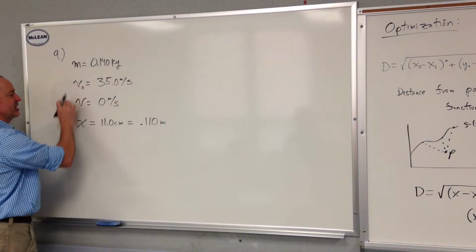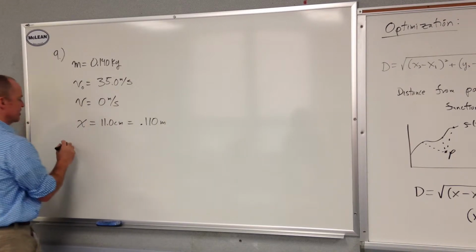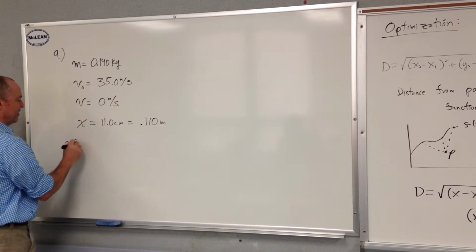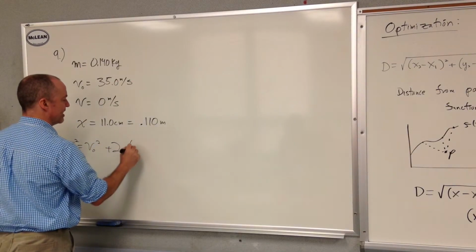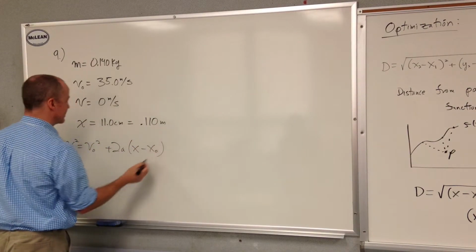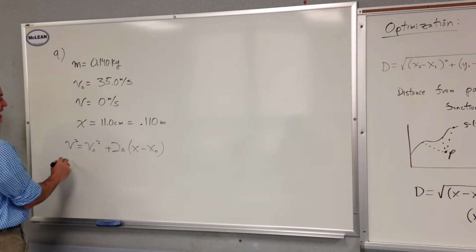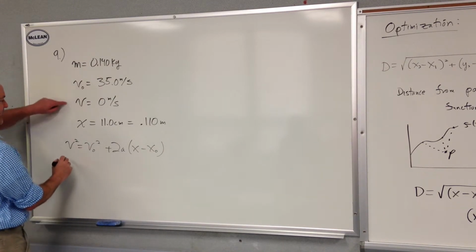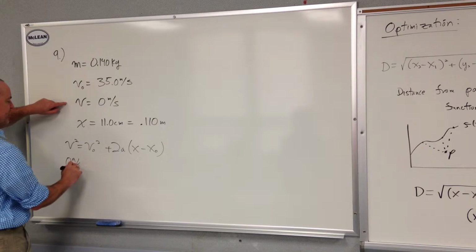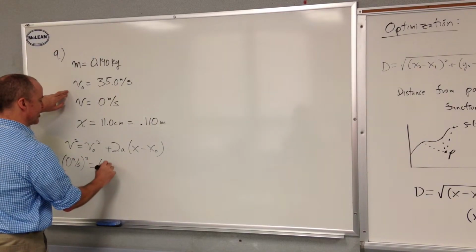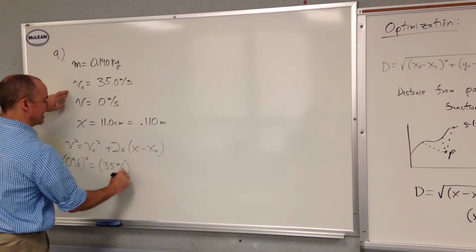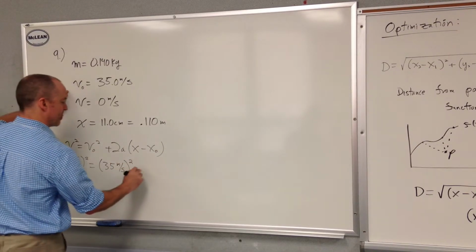Well, I was given velocity and a distance, so I need to go back to v squared equals v initial squared plus 2a times x minus x initial. My final velocity is 0 meters per second. My initial velocity is 35 meters per second, whole thing squared.